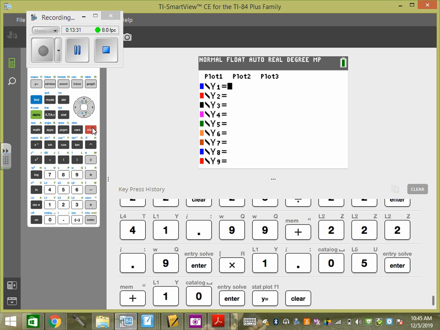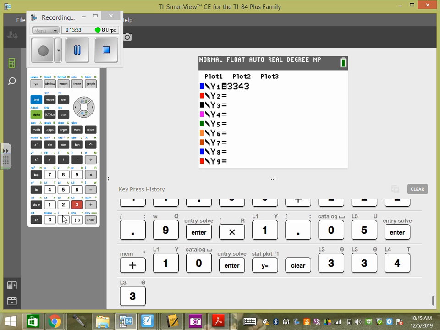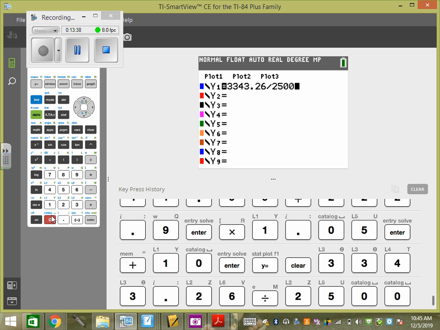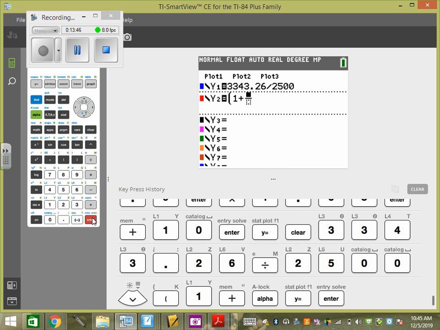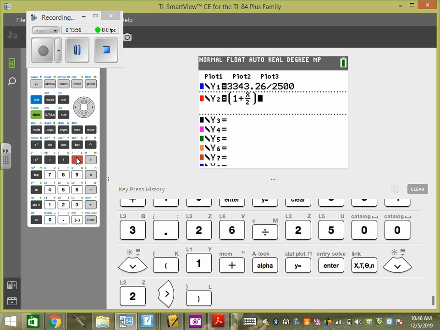So my y1, I have 3,343.26 divided by 2,500. And then here I have 1 plus alpha y equals. If you don't have the fraction button, what do you have to do? Put every fraction in what? Brackets always, or your calculator doesn't know it's a bracket. I divided by 2 to the 8. So if you have the calculator that doesn't have these options, when you're typing in y2, you're going to type it in as, awesome, it's something.